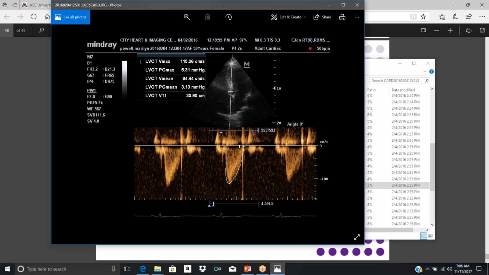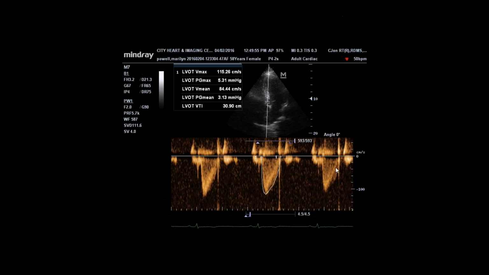All right. Now this is across the left ventricular outflow tract. Remember, this is your two-dimensional echo, 5-chamber view. The cursor is right there. Sample volume is across the left ventricular outflow tract, transducer or probe, and you get this systolic flow.